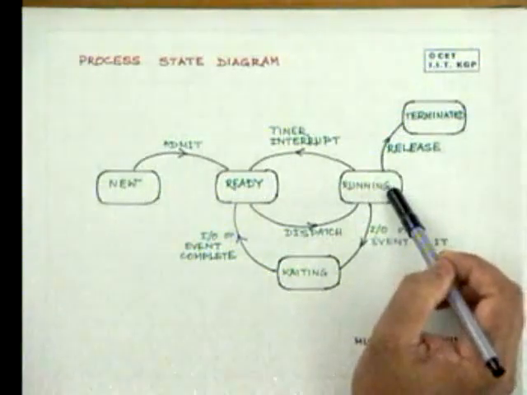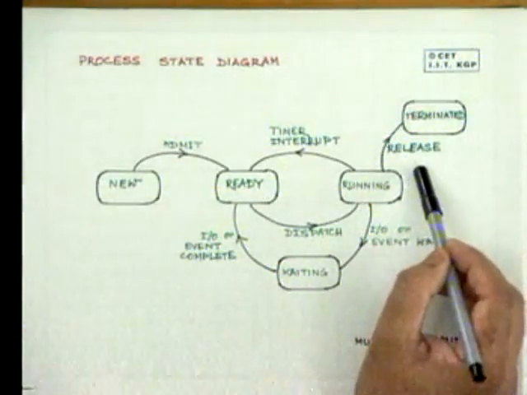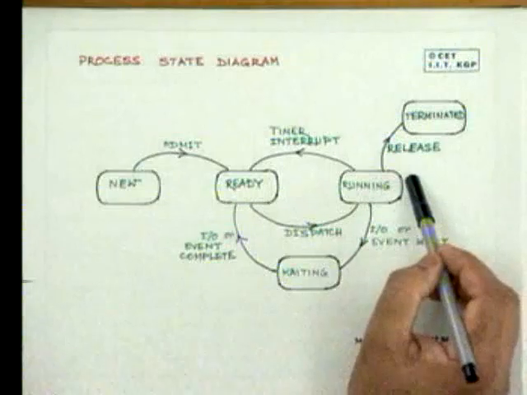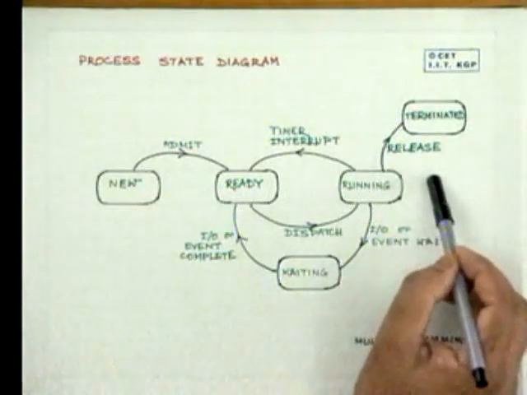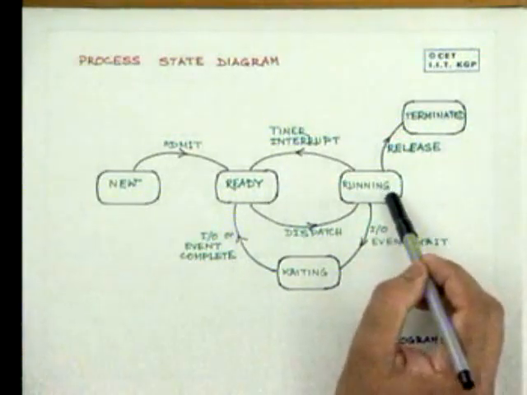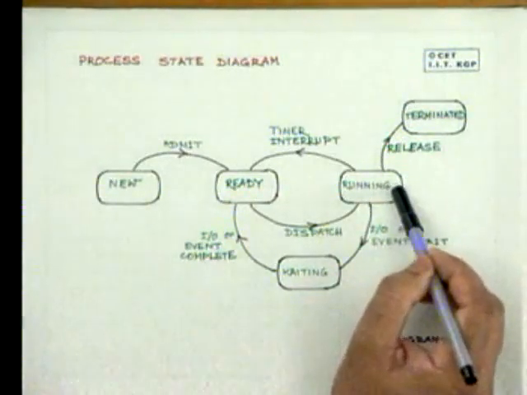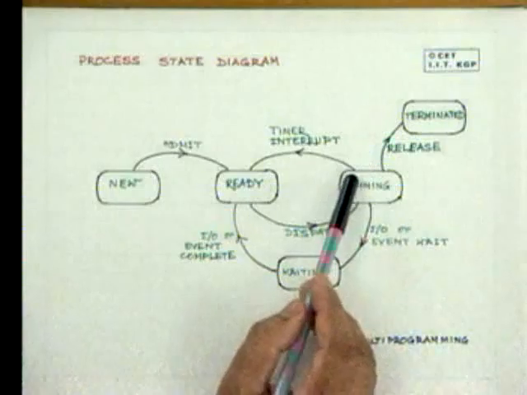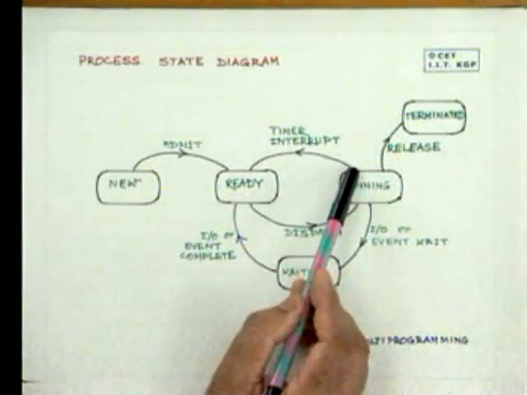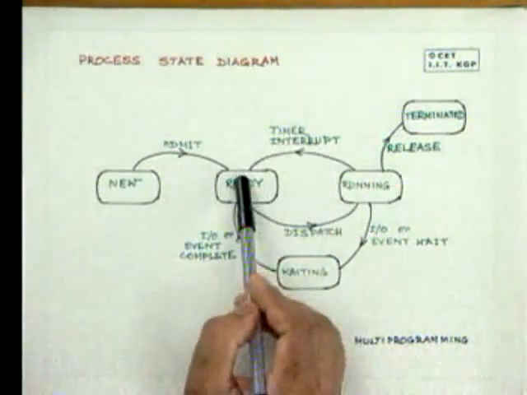And in the meantime, if the time interval that was allocated to the process is over, and within that time interval this particular process issued no I/O request, in that case the process is forcibly taken out of the processor and put back into the ready state.